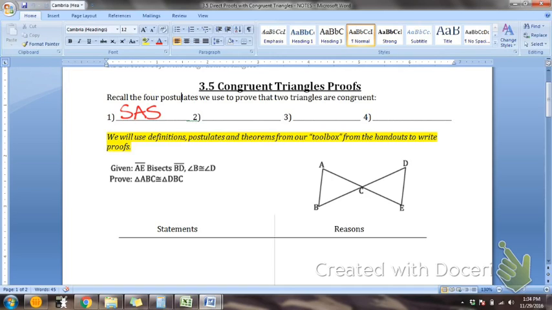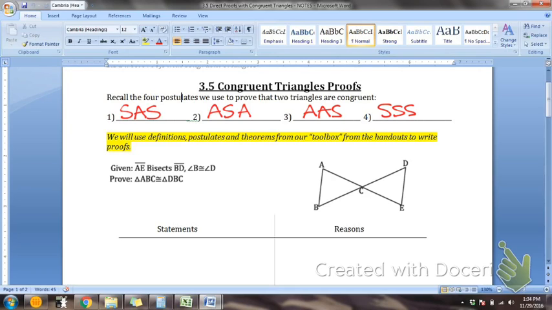What's another way? There's side angle side. What else is there? Angle side angle. Patrick, what's another one? Angle angle side. And the last one that I'm missing, Crystal? Side side side.